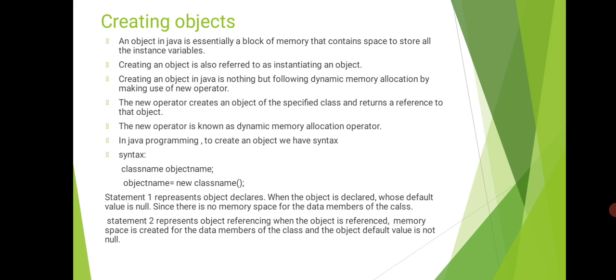Okay, an object is an essential block of memory that contains space to store all the instance variables. So creating some memory space to store instance variables is what creating objects is, right? Creation of an object is also referred to as instantiating an object.